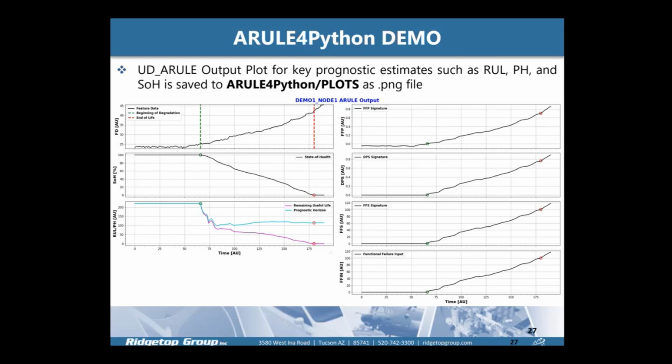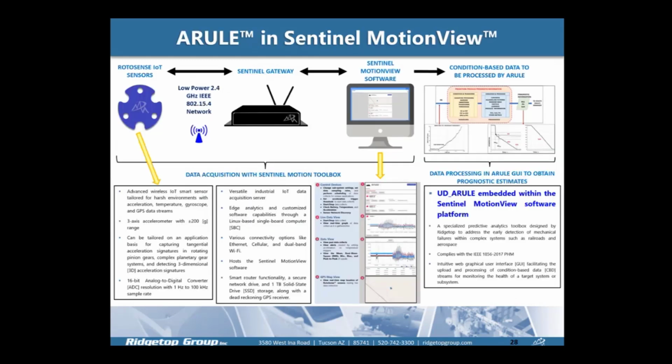Now let's go ahead and talk about how we embedded ARULE into our Sentinel Motion View software application for the Sentinel Motion product line. So basically, Ridgetop designs IoT sensors which are tailored for harsh environments. We call these RotoSense, and they're able to detect acceleration, temperature, gyroscope, and GPS data.